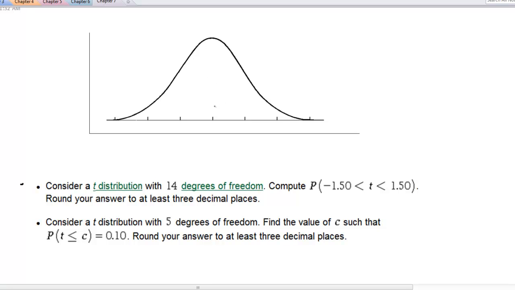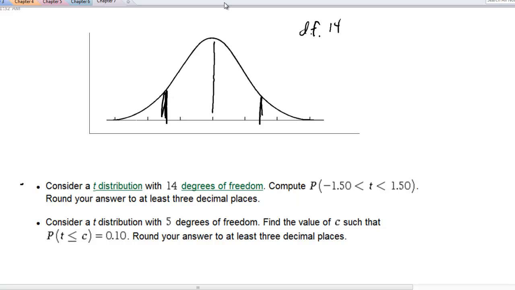And we're doing a t-distribution with 14 degrees of freedom. So let me just put that. Df is 14. That's important. But we want to find the probability of t coming up that's between negative 1.5, which would be right there, and positive 1.5, which would be right there, because the mean is right there.